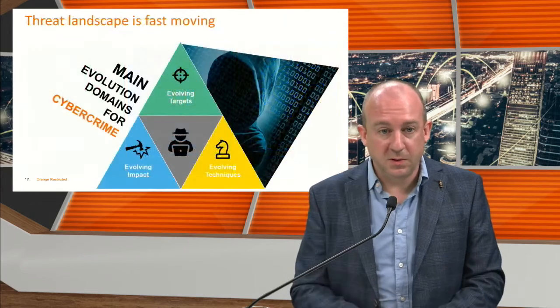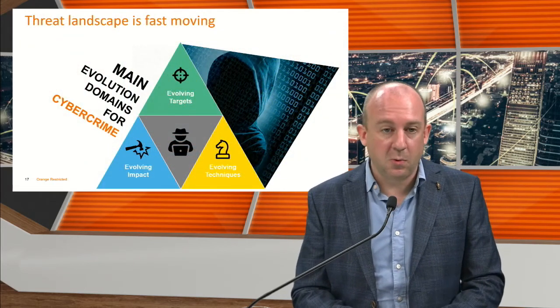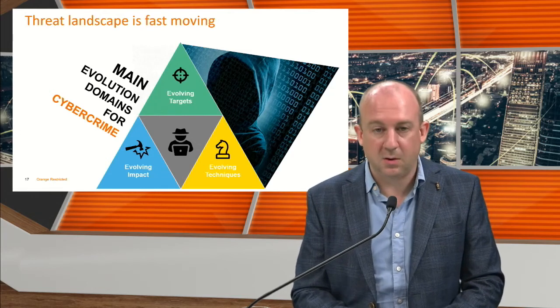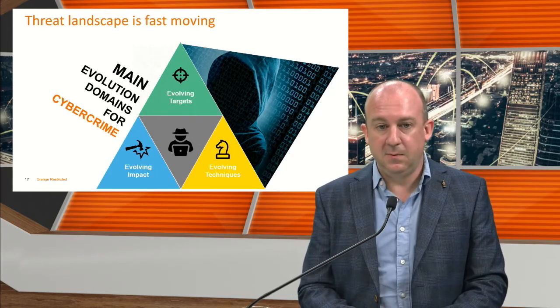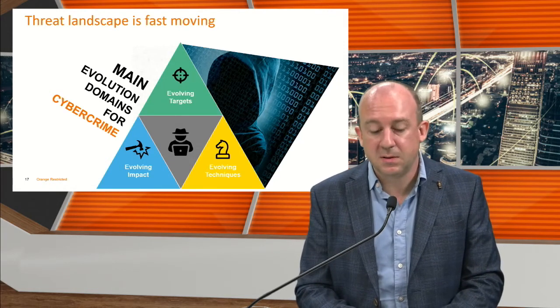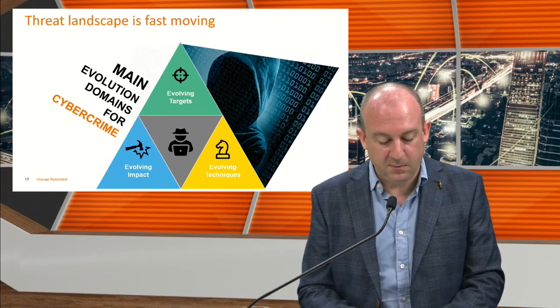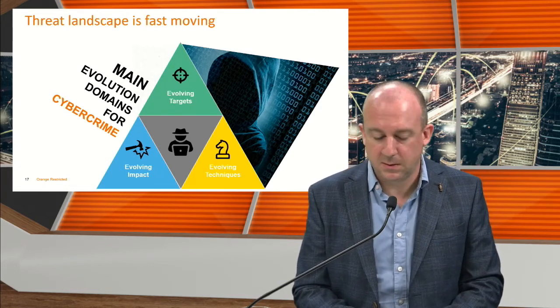Now, also, the threat landscape is evolving, and we see that the cyber criminals are changing their approach in a couple of domains. One of them is the evolving targets. Information theft is the most expensive and fastest rising consequence of cybercrime for companies. But data is not the only target.